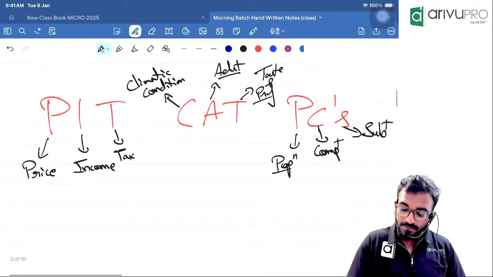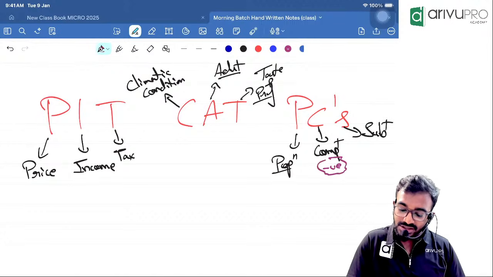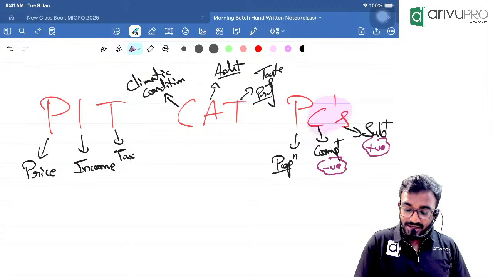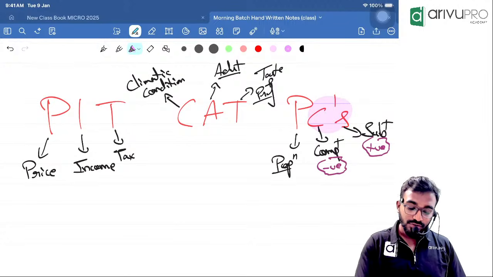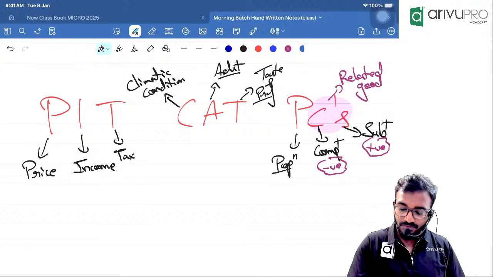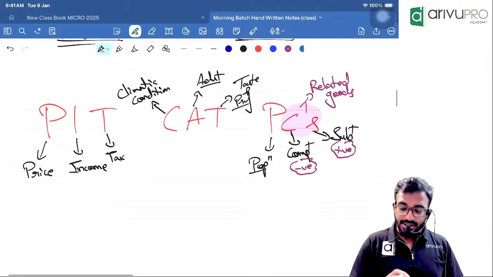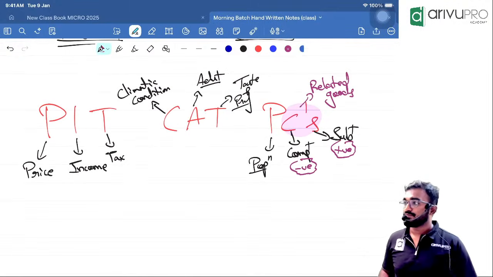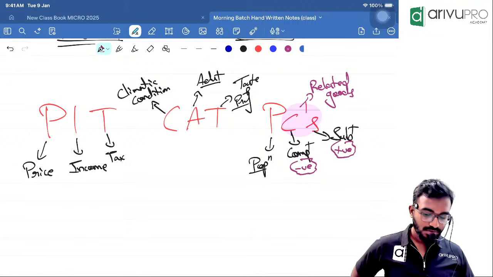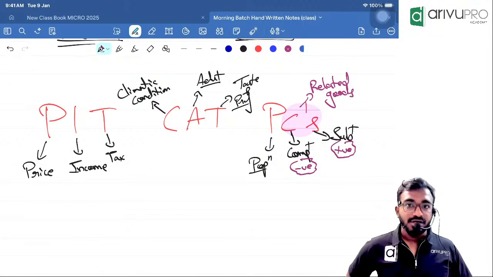Especially when you come to complementary, write down negative relation, substitute, positive relation. These two put together, in your institute material, they will give it as related goods. Clear?